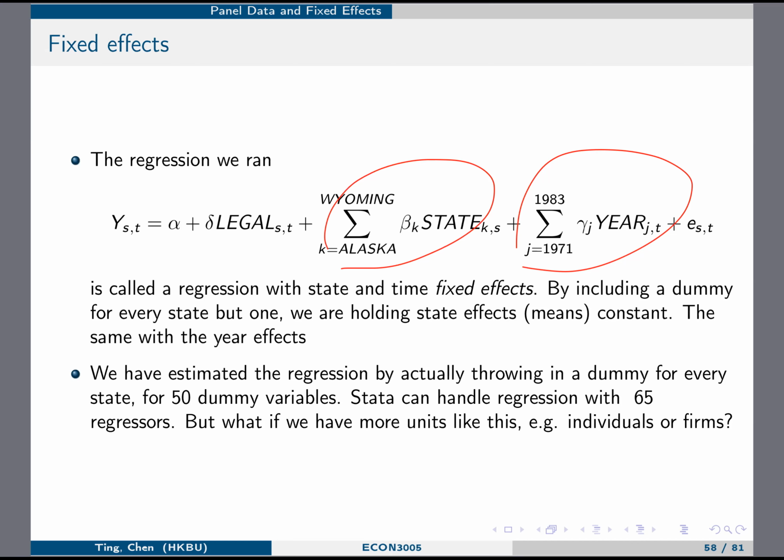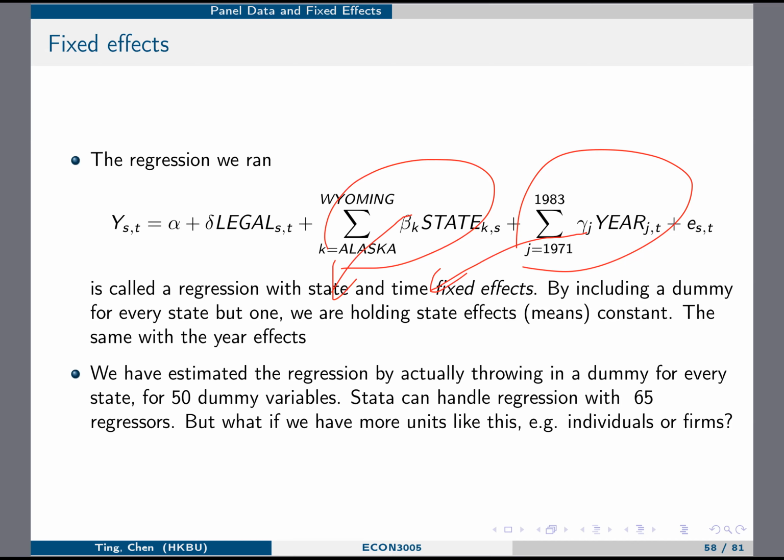So we call this a model with state and time fixed effects. We call these dummies the fixed effects: the state fixed effect and also the time fixed effect, or year fixed effect. Because by including a dummy for every state, but excluding one, we are holding the state's effects, meaning the mean, constant. The same goes for the year effect.